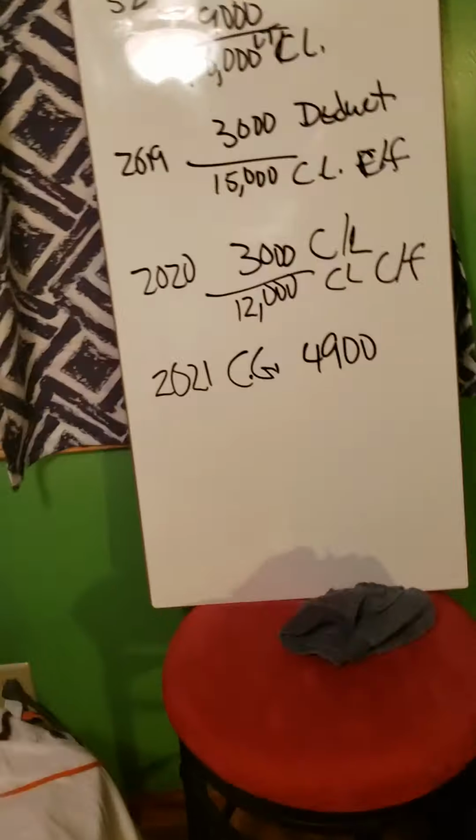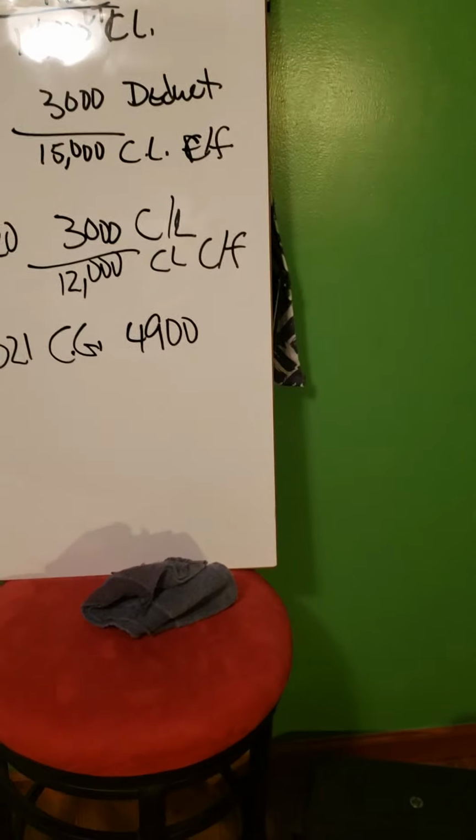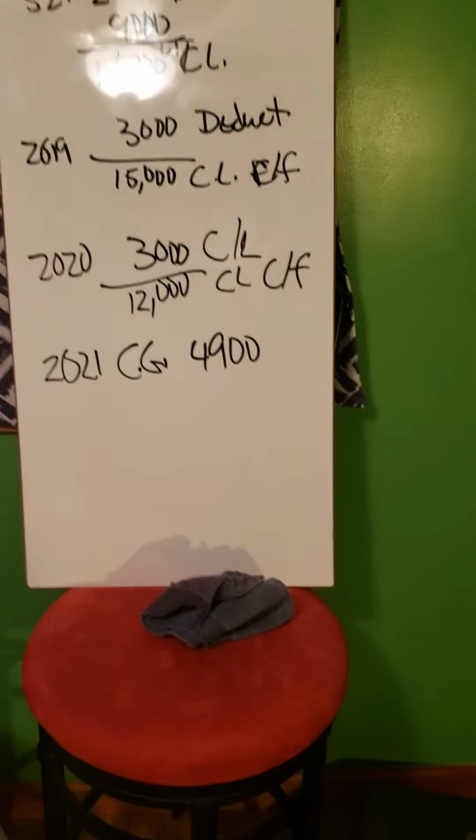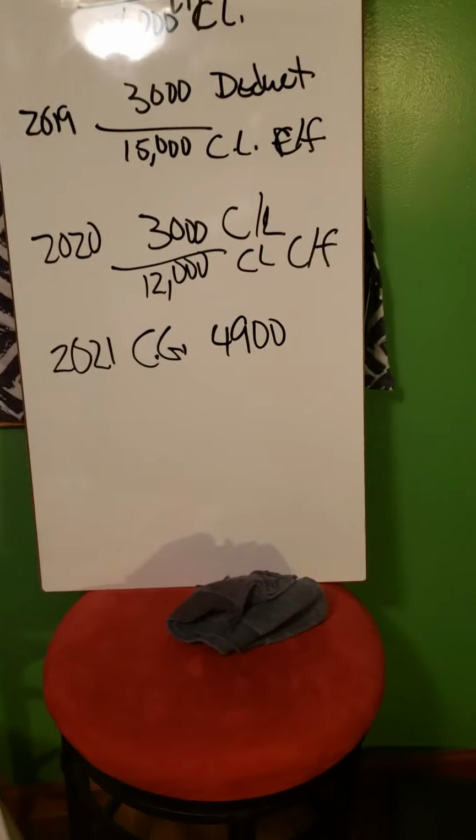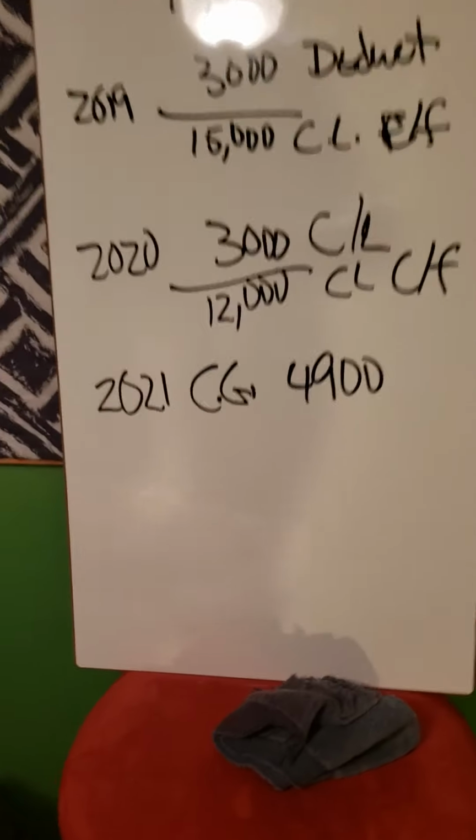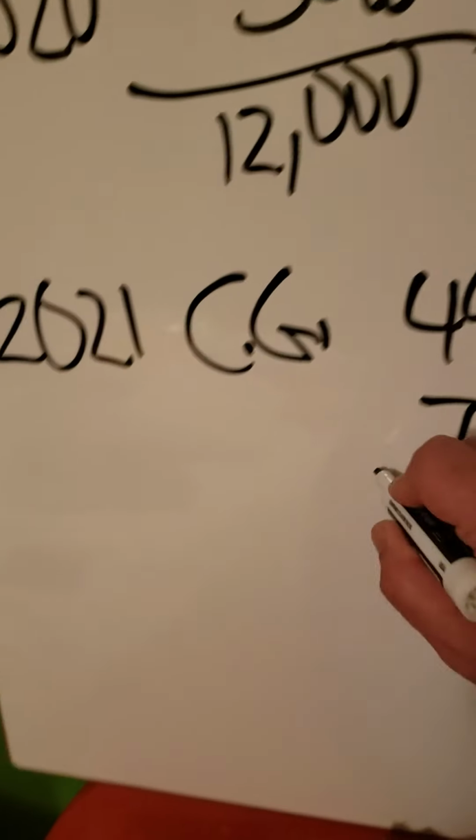That gives me a capital gain of $4,900. And remember, what I can do is use $3,000 plus my capital gains to produce a net $3,000 capital loss. So I'm going to take $7,900 in capital losses to give me a $3,000 capital loss.